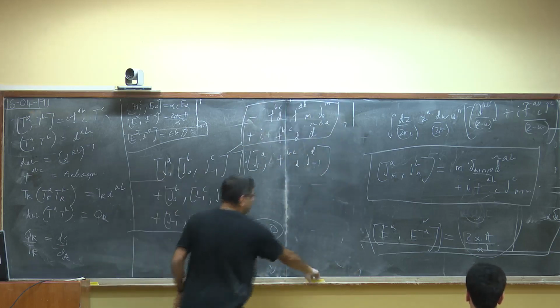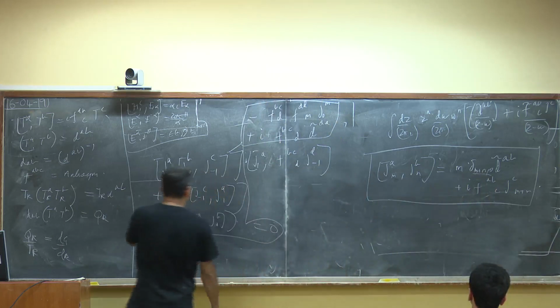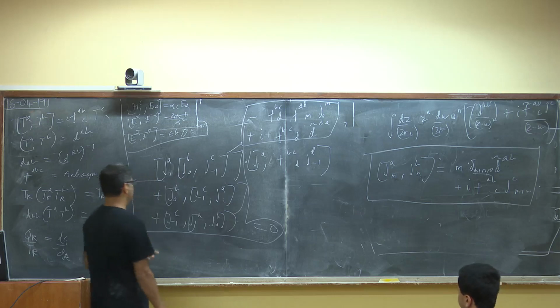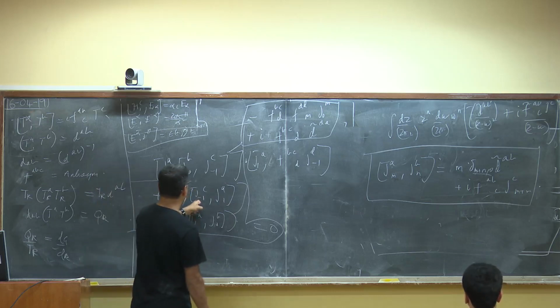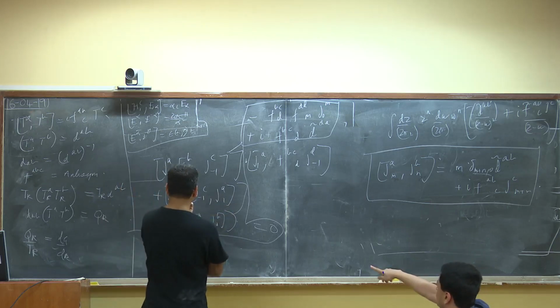Okay, I'm going to work out each of these terms. So now let's look at this guy. This guy was Jc, J minus 1, J1. The central term wouldn't eventually contribute because there's another commutator taken with J0, so the central term will go away there.